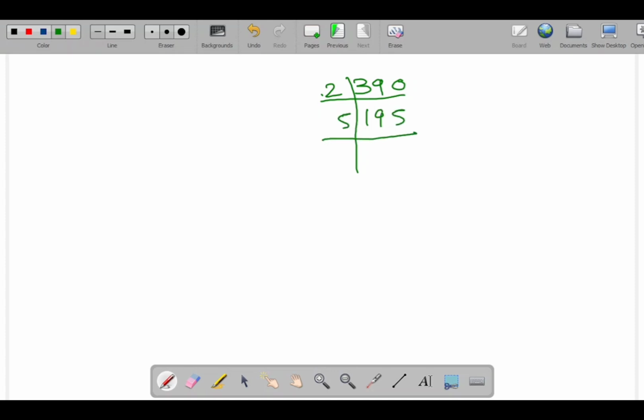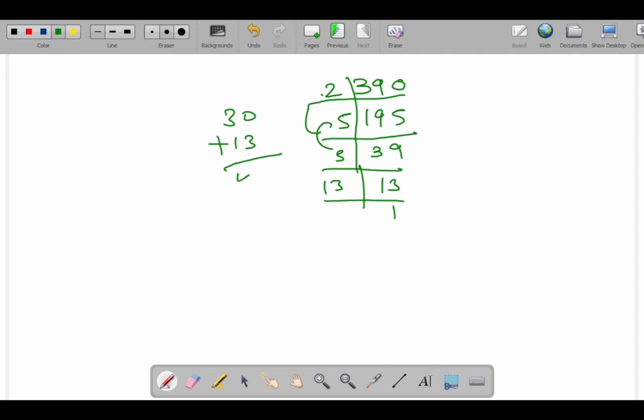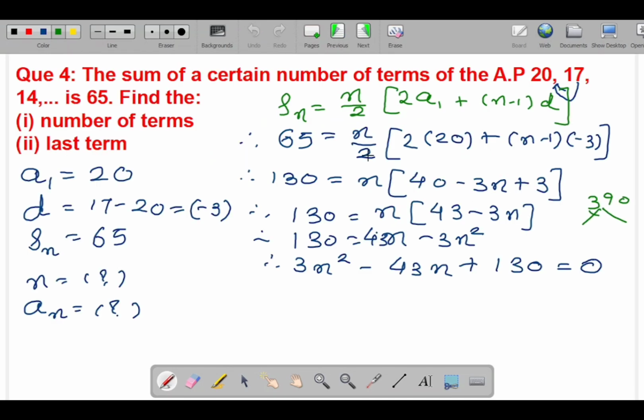Now we go ahead with 5. 5 3s are 15, and 5 9s are 45. Then 3 13s are 39. So these are the factors. So 5 3s are 15, 2s are 30. So 30 plus 13 is 43, and 30 multiplied by 13 will give me 390. So yes, 30 and 13 are my numbers.